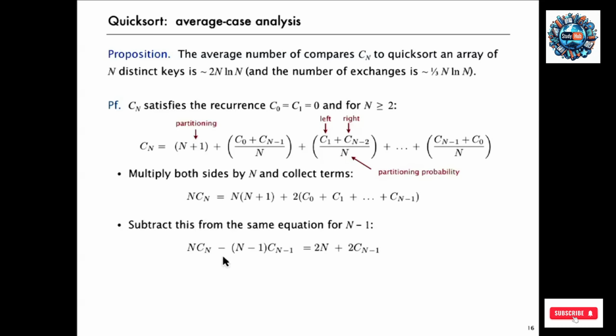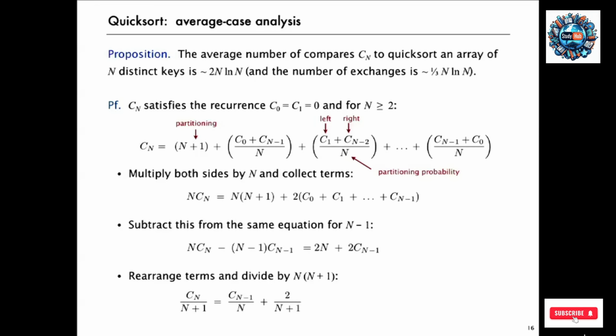So n C_n minus (n minus 1) C_{n-1}, and then n times n plus 1 minus (n minus 1) times n is just 2n, and then the sum collapses, just leaving the last term. This sum minus the same sum for n minus 1 just leaves the 2 C_{n-1}. Now that's looking like a much simpler equation.